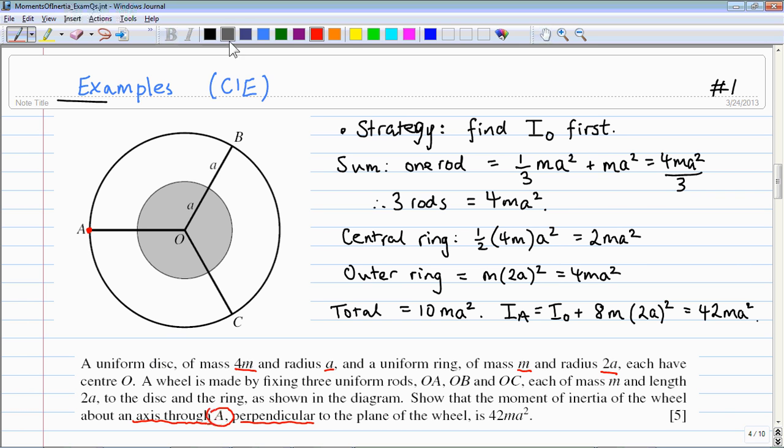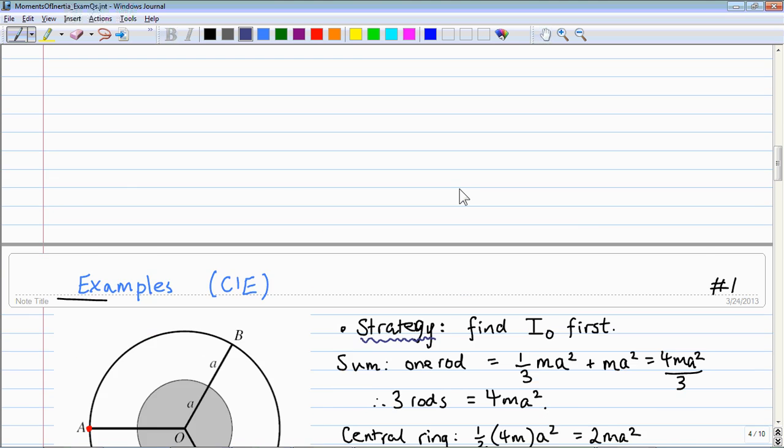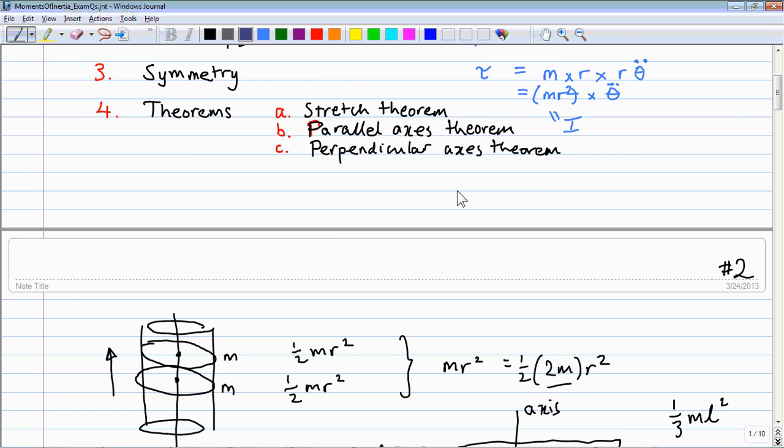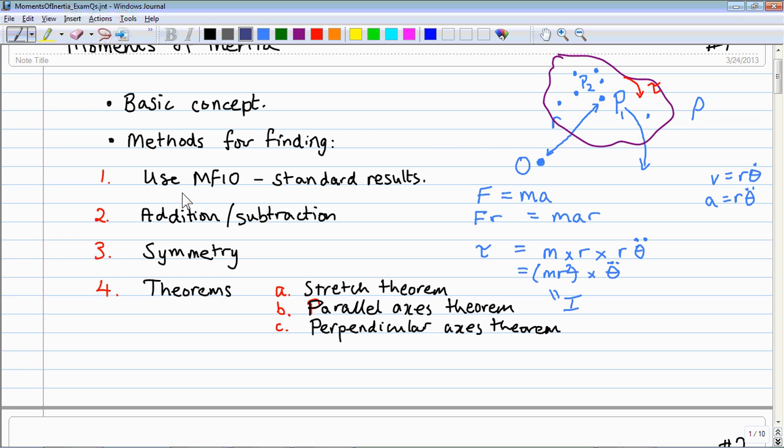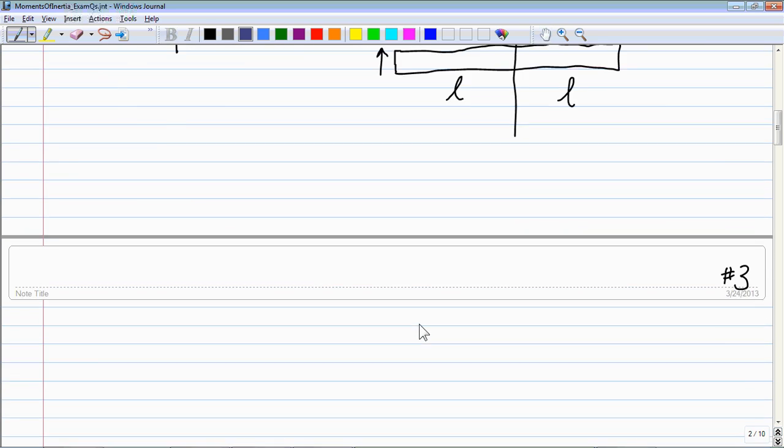So you need a strategy. Sometimes it's not completely obvious what the right set of steps is to find the moment of inertia. We've got these methods that we mentioned at the beginning: use standard results, add or subtract, use symmetry, and use the parallel and perpendicular axis theorems.